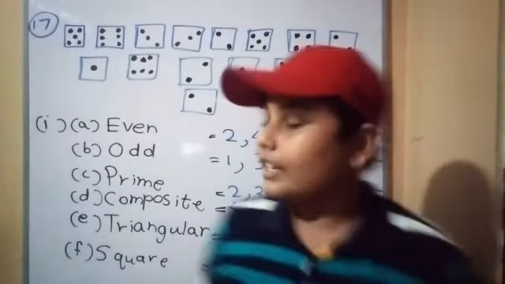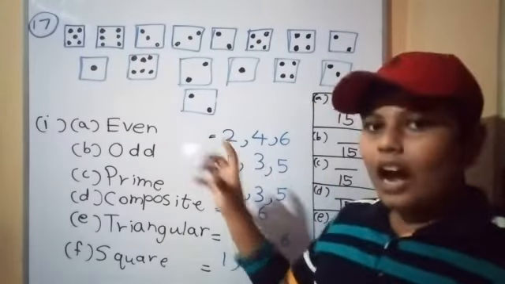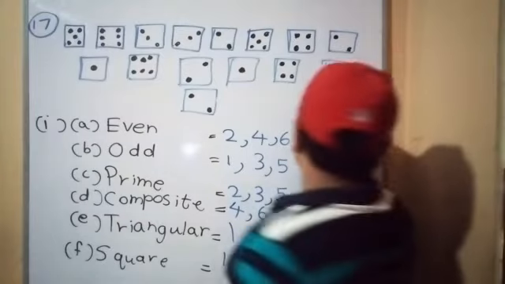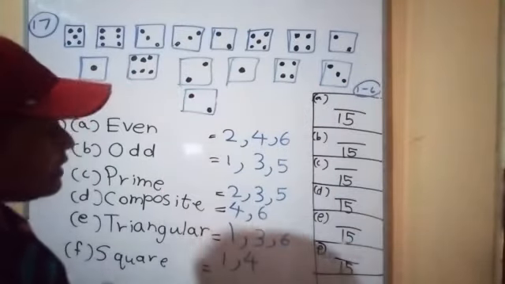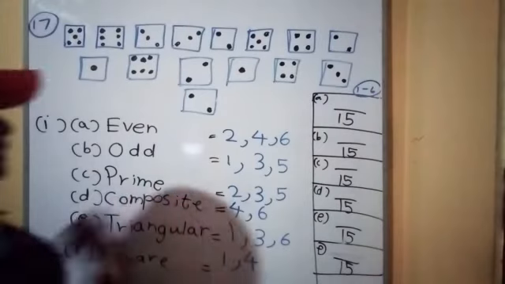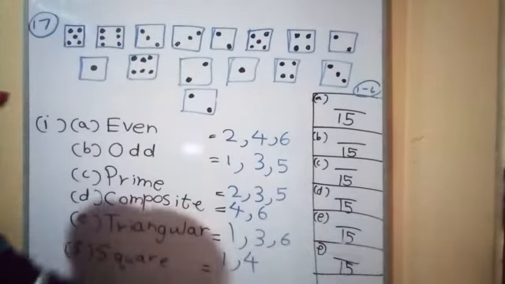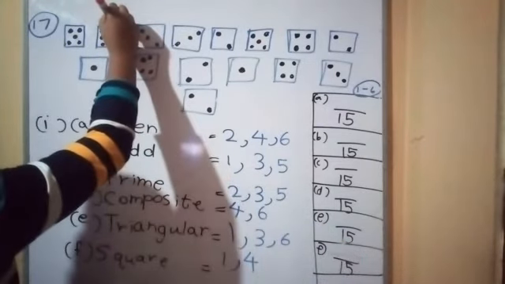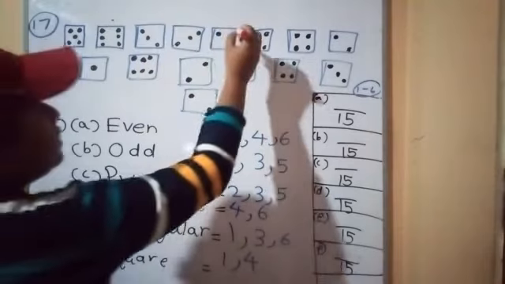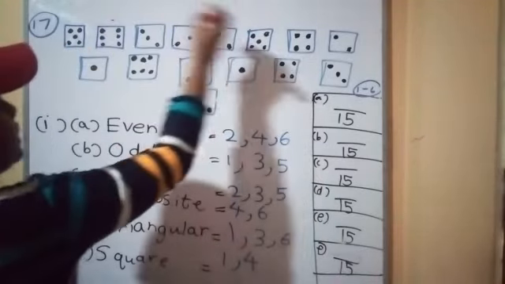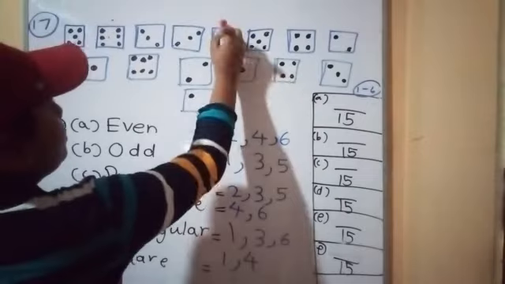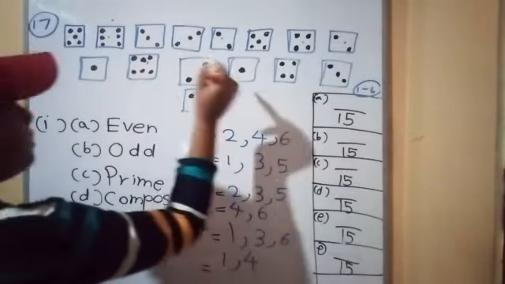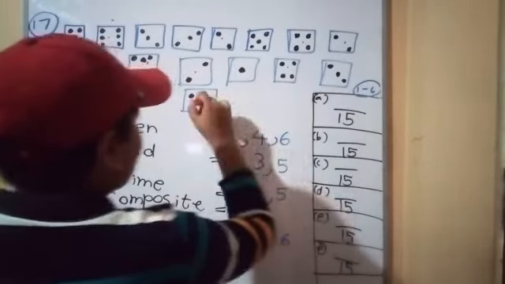Now you want to find how many of each of these numbers occurred out of the 15 throws. Even numbers is A. How many even numbers are there out of 15? Counting 1, 2, 3, 4, 5, 6, 7, 8.